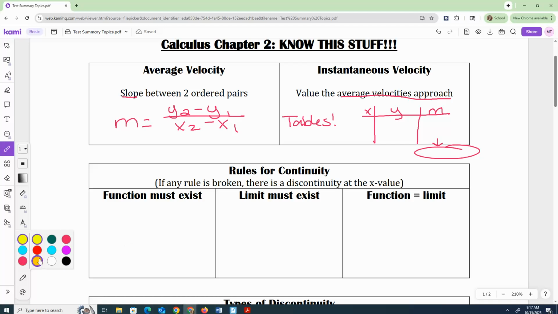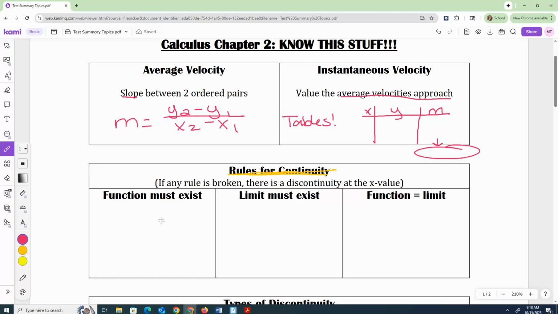Then I have my rules for continuity. So remember continuity, we have a couple different things I might ask: the rules versus the type of discontinuity. Remember for our rules, if any rule is broken, then it's discontinuous there. A lot of times I would give you an equation or a graph and say, where's this discontinuous?